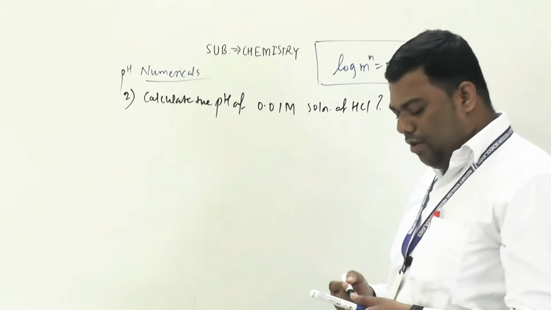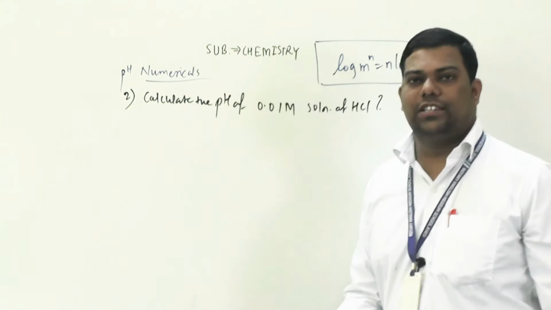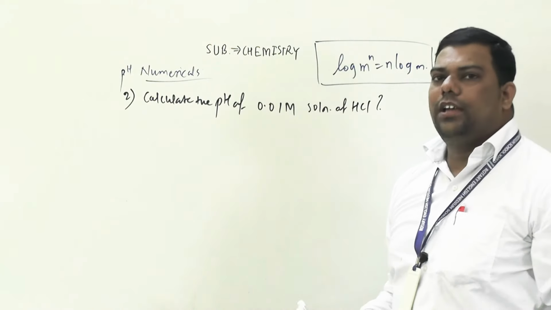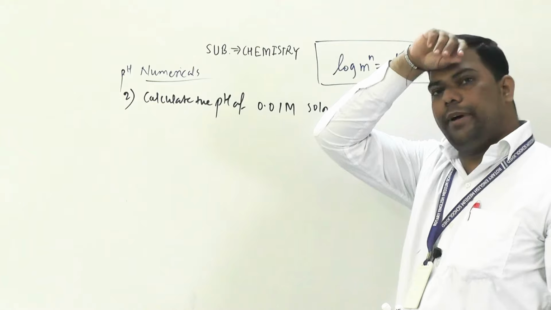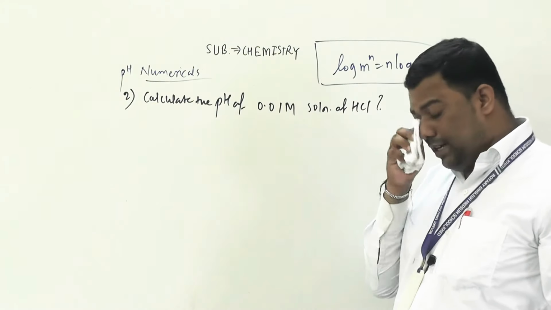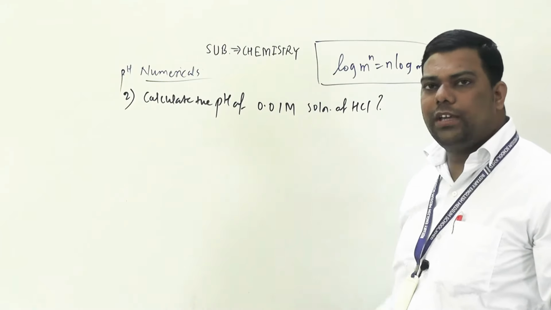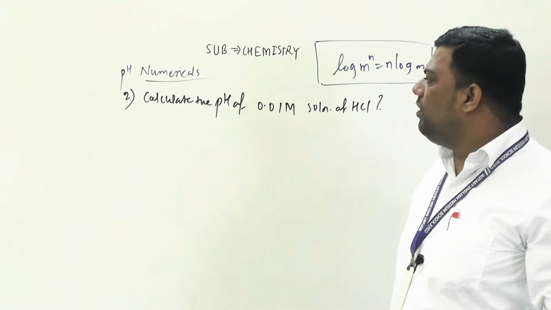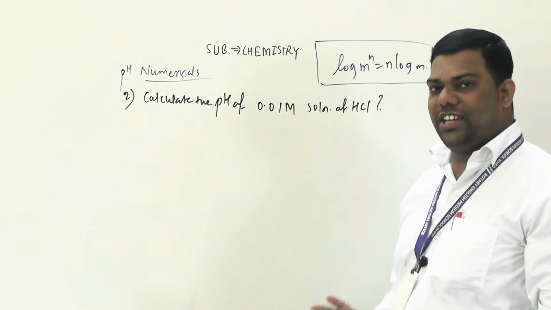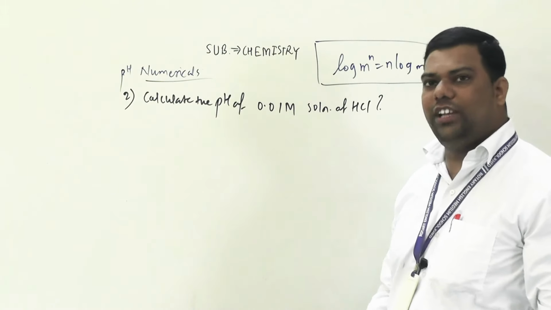How can we calculate this? Again, as you know, HCl breaks into H plus and Cl minus ions, so the concentration of H plus and Cl minus is the same, 0.01 only.